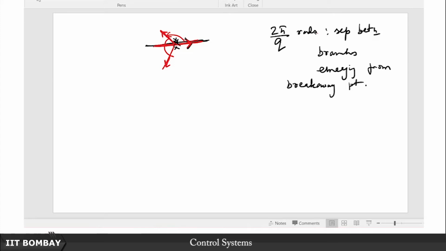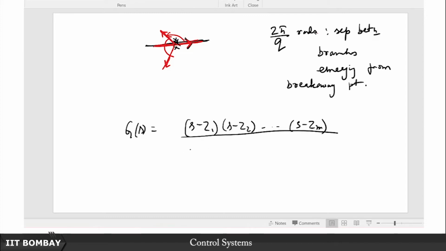Now you see, when we have these transfer functions, the way we write this transfer function for the particular case of root locus problem, in order to sketch the root locus, we write it in this fashion: s minus z1 times s minus z2, till s minus zm, and then you had some k, or some a naught, b naught, whatever you call it. This is probably the coefficient of the highest degree, so it is bn, and then you add s minus p1, s minus p2, and so on till s minus pn.